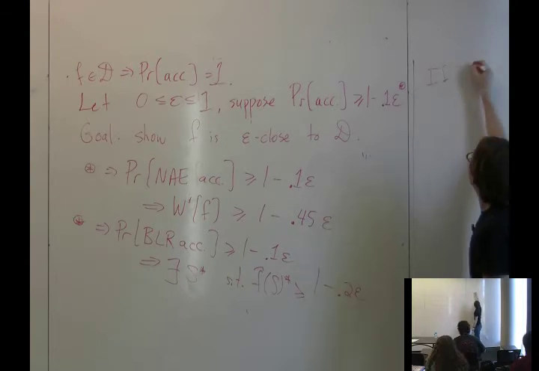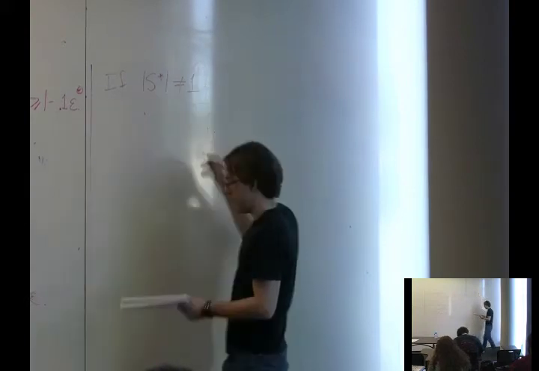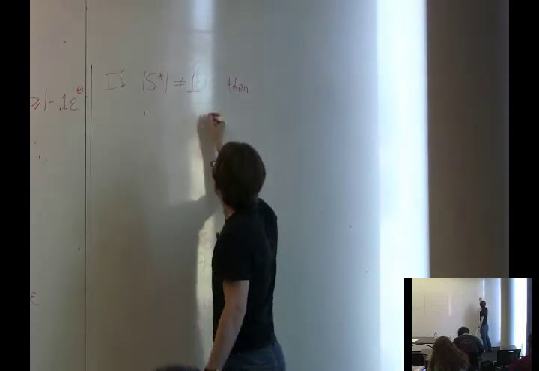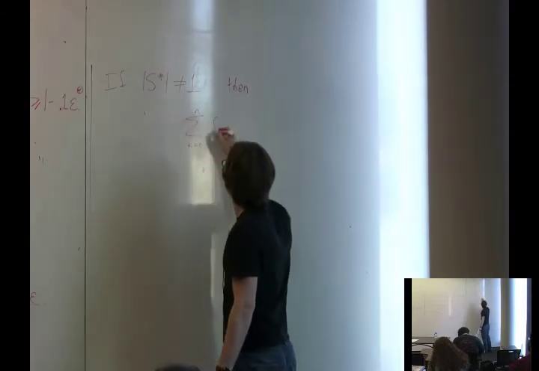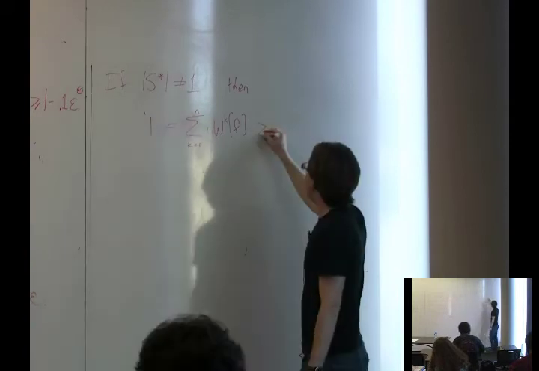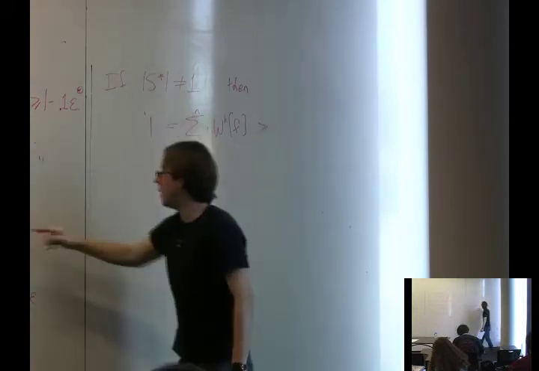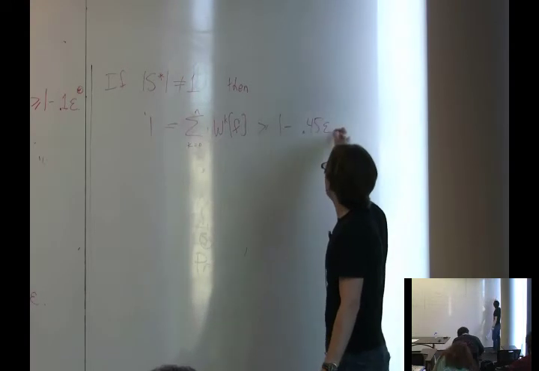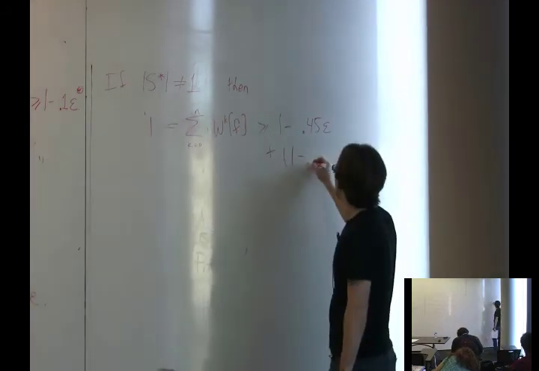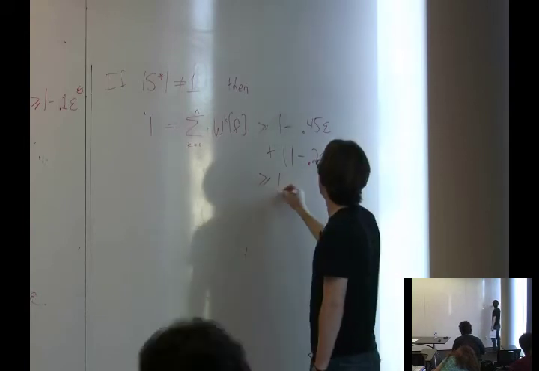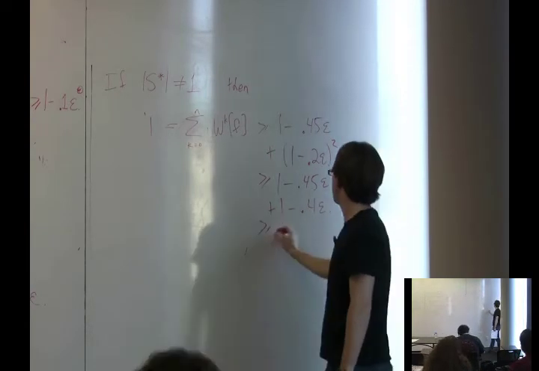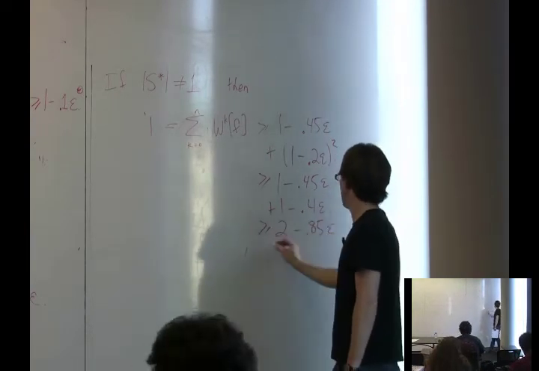If, for contradiction, this S star was not of degree 1, then the total weight of F, which we know is 1, would be at least the weight at level 1, which is 1 minus 0.45 epsilon, plus the square of this number, because this weight is somewhere other than degree 1, 1 minus 0.2 epsilon squared, which is at least 1 minus 0.45 epsilon, plus 1 minus 0.4 epsilon, which is at least 2 minus 0.85 epsilon, which is strictly bigger than 1.